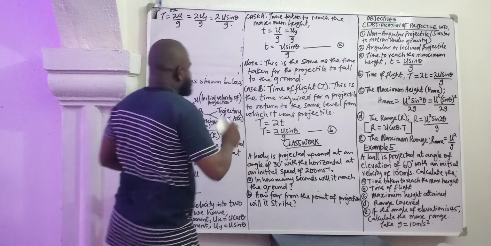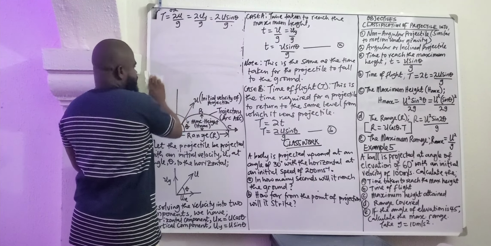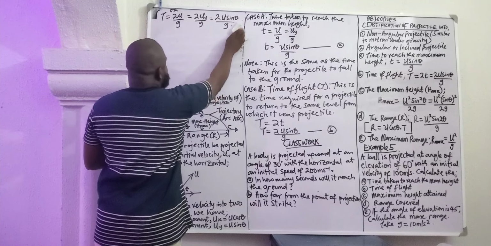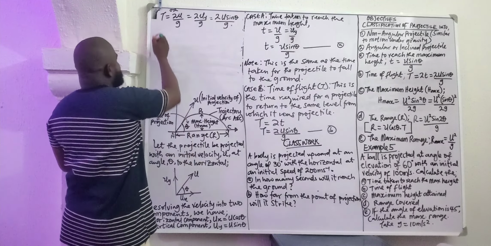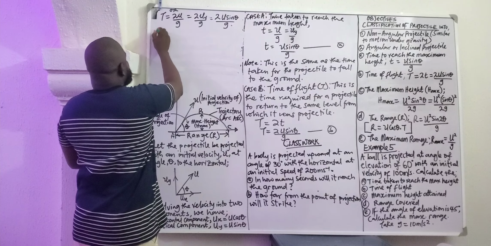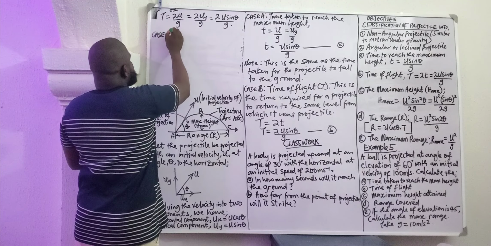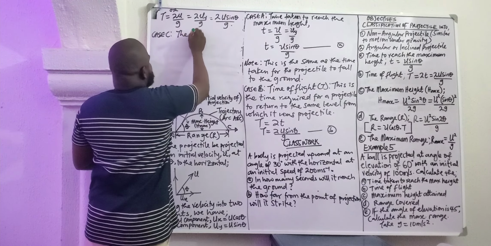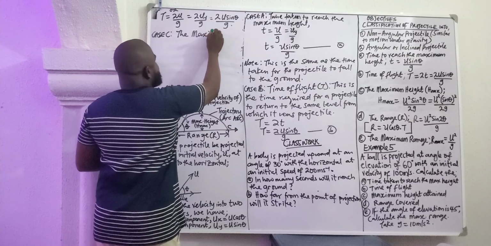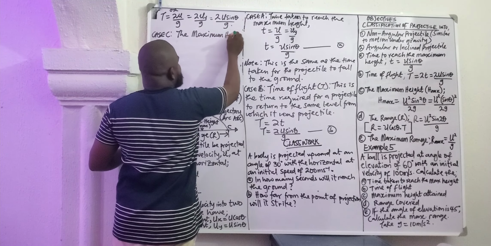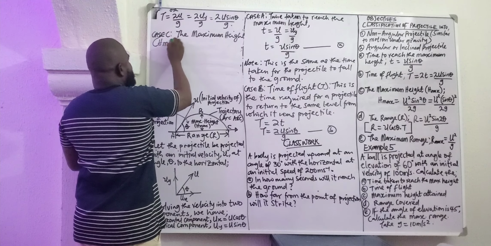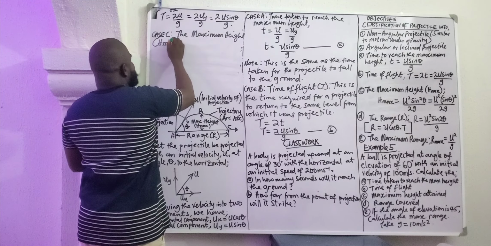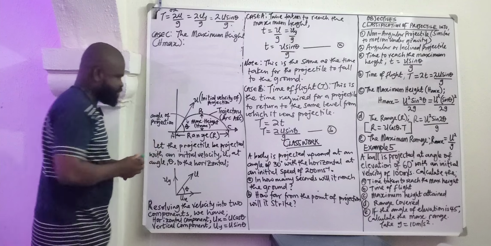So the next one is the maximum height. Once again, they want us to know the definition of maximum height. You should be able to define the maximum height. So the maximum height, H max, if you look at this diagram, it is very easy to remember the definition.